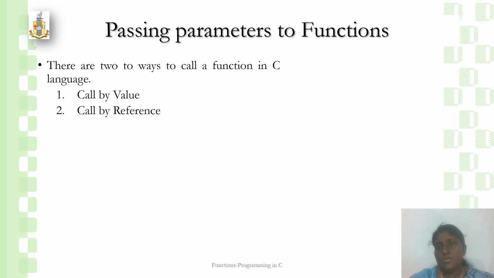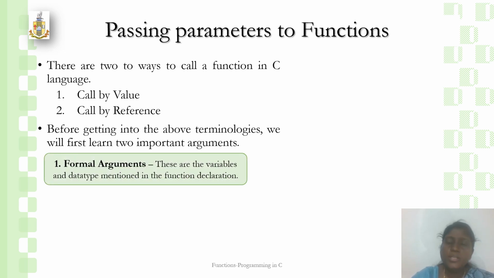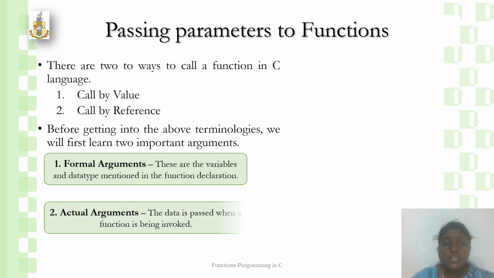There are two ways to call a function: one is by value and the other is by reference. Before getting into call by value and call by reference, we are going to see two important terms: formal arguments or formal parameters, and actual arguments or actual parameters.